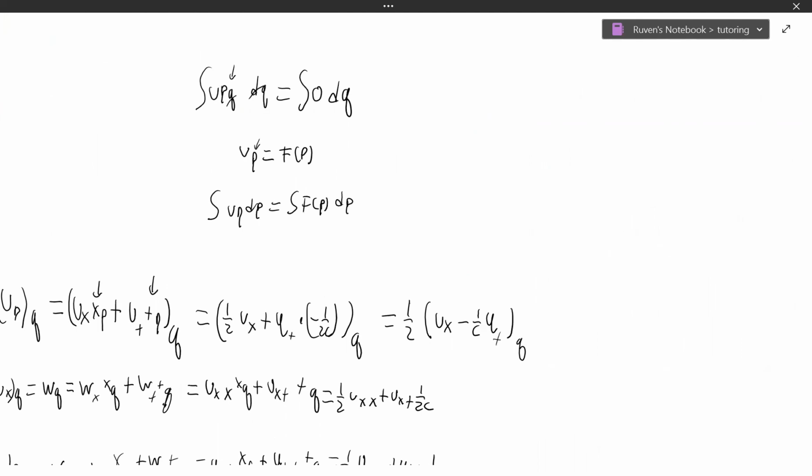And here we're left with u of pq, the actual function in terms of p and q, equal to capital Fp plus gq. And Fp is just the integral of this, so if you differentiate capital F, you would get this f, and then gq would disappear if you differentiate in terms of p.